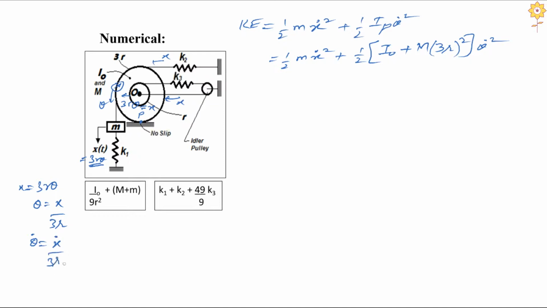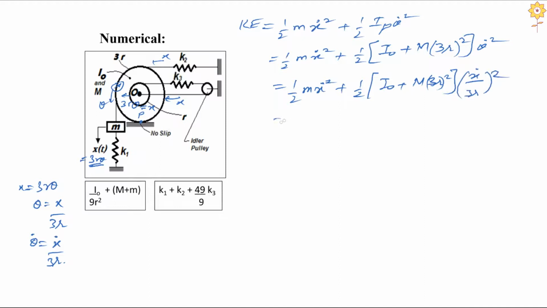So this should be half times m times x dot squared plus half times I about O axis plus M into 3r squared, and theta dot is nothing but x dot divided by 3r, squared.